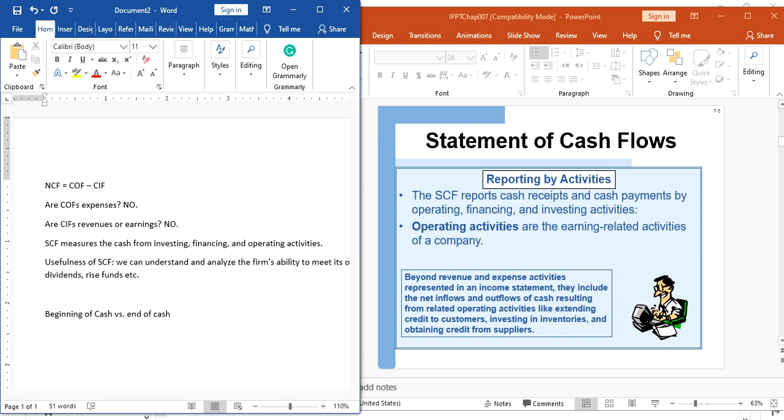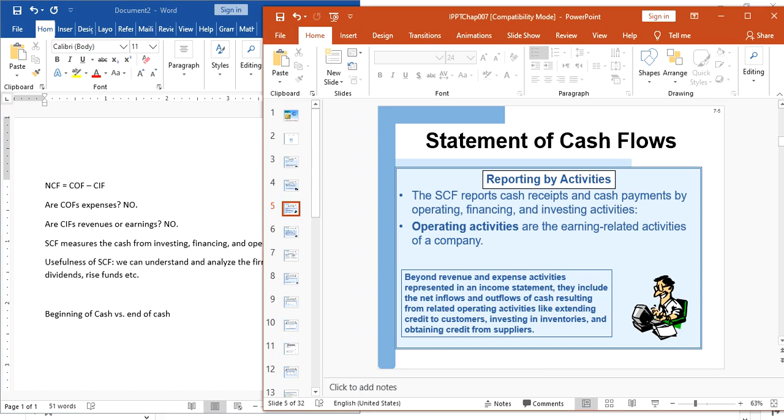Each activity will be separately presented in the cash flow statement.